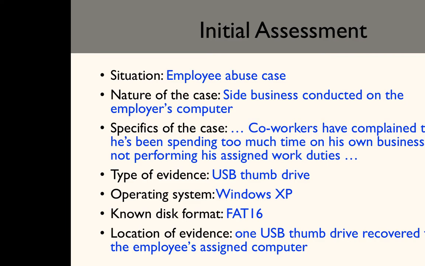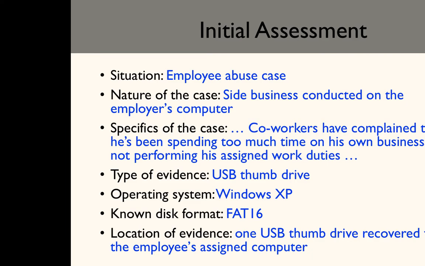But a lot of computers may not read NTFS or other Windows disk formats. And also, probably NTFS is not really efficient on USB drives. And the location of evidence is one USB drive was recovered from the employee's assigned computer.